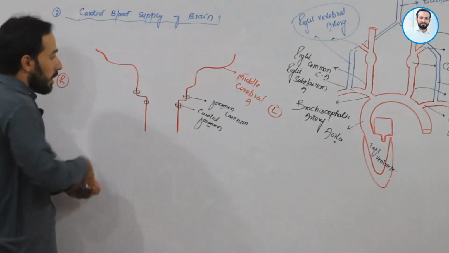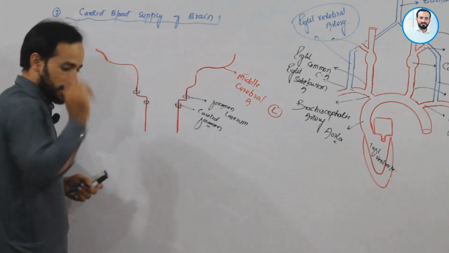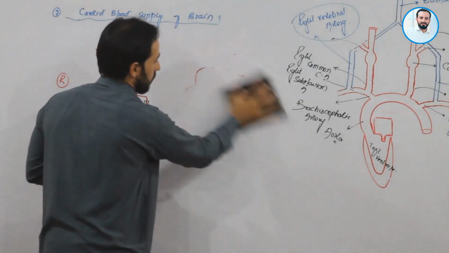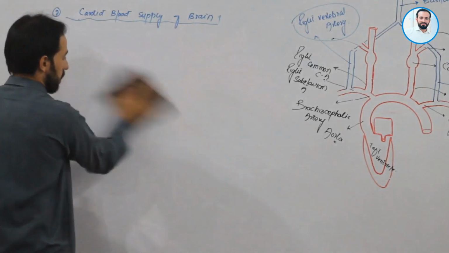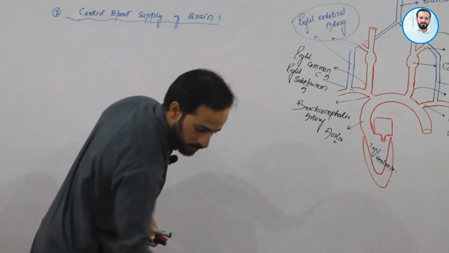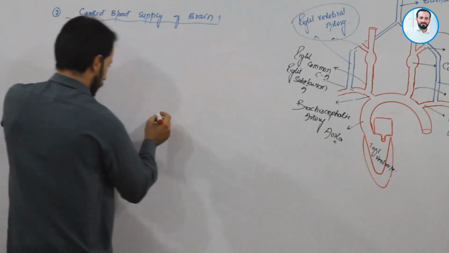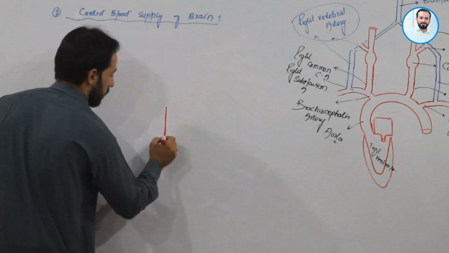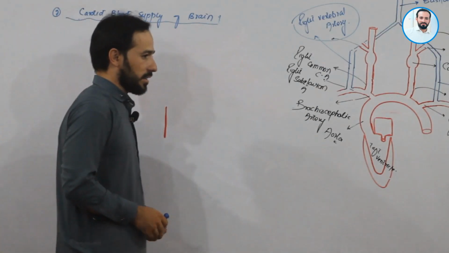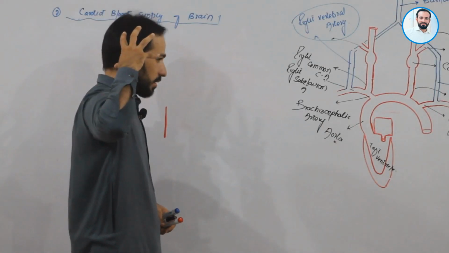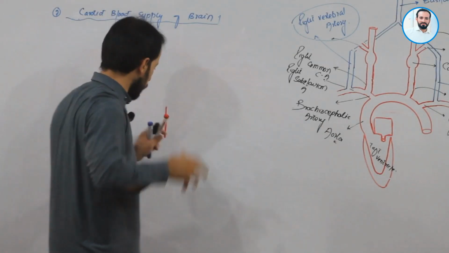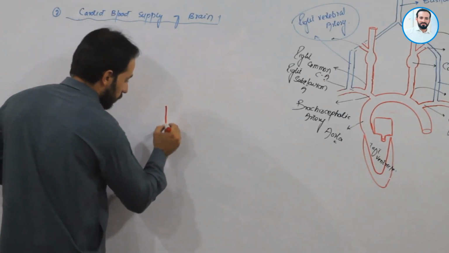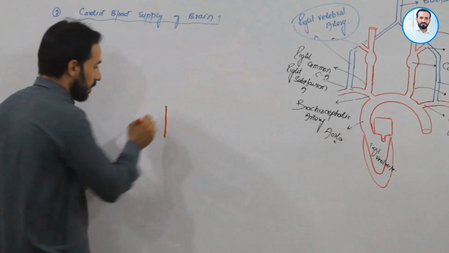Clear, friends? Okay. Let us show this diagram laterally. Let's focus on our carotid system from the lateral side, right? Friends, as I am standing like this, you are looking at me from the lateral side. So this is the lateral view. Clear? Friends, this one is the internal carotid artery.